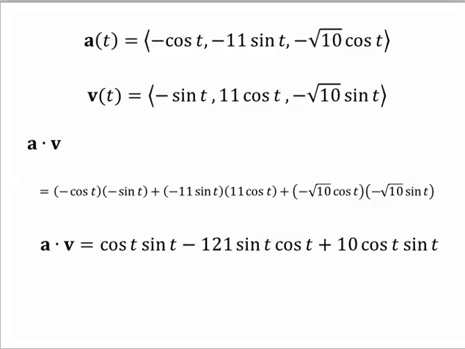So I need to do a little bit of cleanup, and when I do that, I notice that every term is cosine t sine t, and so altogether I have negative 110 cosine t sine t.